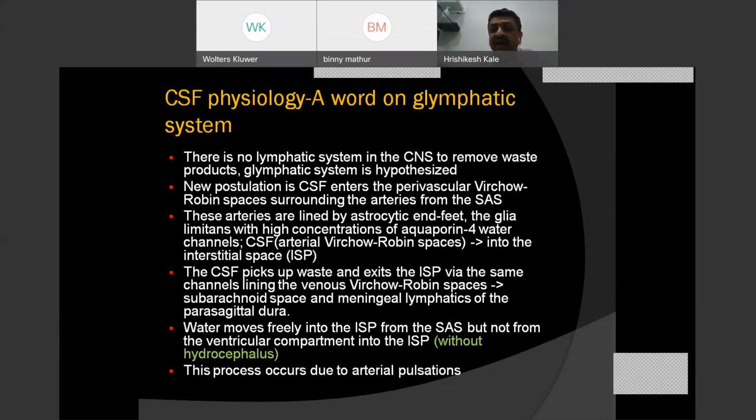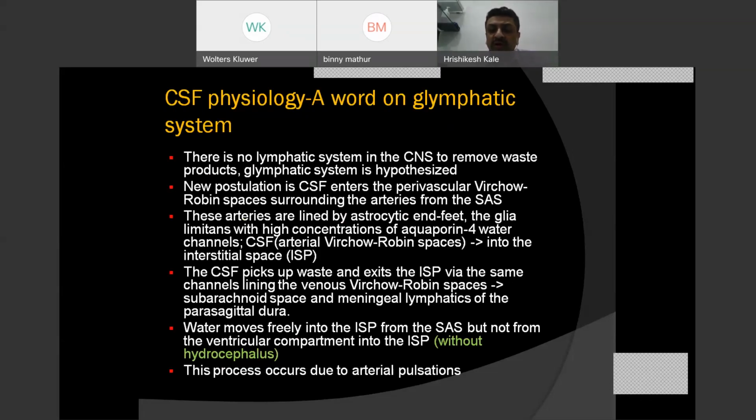These arteries are lined by astrocytic end feet, the glia limitans, which has aquaporin 4 channels. So the blood comes through these arteries, and then CSF, by active and passive methods as we mentioned, is filtered out into the interstitial space. The CSF picks up waste and it exits the interstitial space via the same channels, which line the venous portion of the Virchow-Robin space.